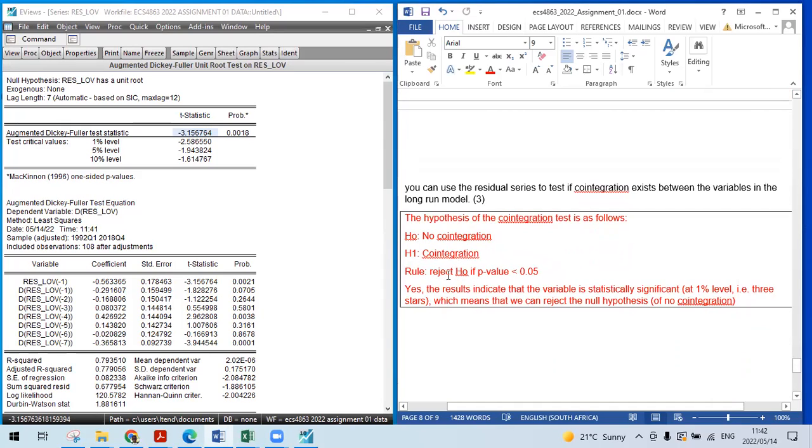What is the rule? We reject the null hypothesis if the p-value is less than 0.05. Oh, let's just use our rule of thumb, the ADF. We said if ADF is less than the test critical value, you conclude that the variable is stationary. Sorry, I'm mixing up things here. Before we come to this one, let's finish this side.